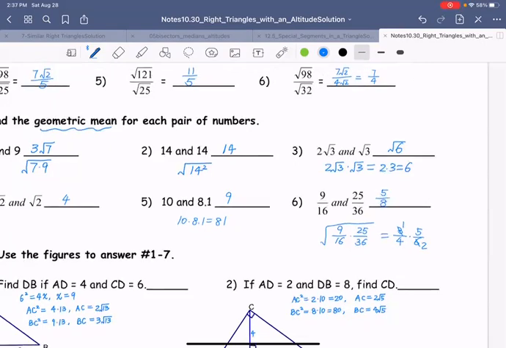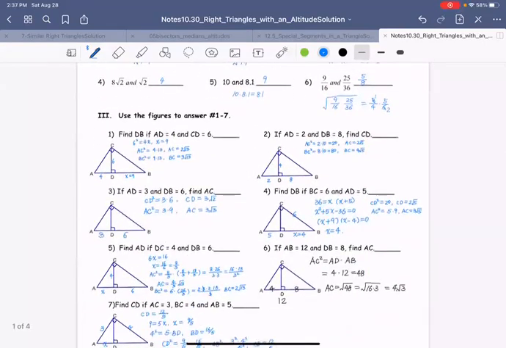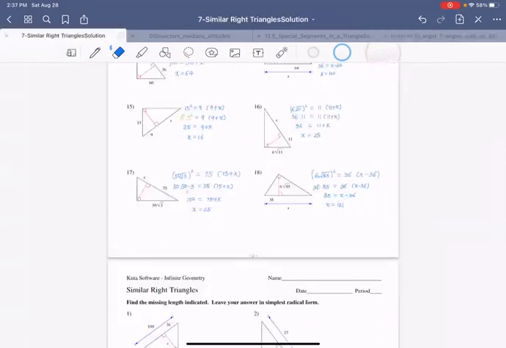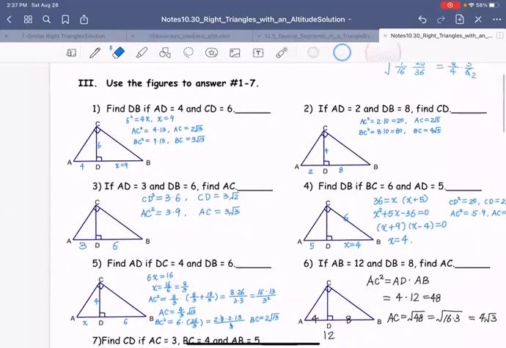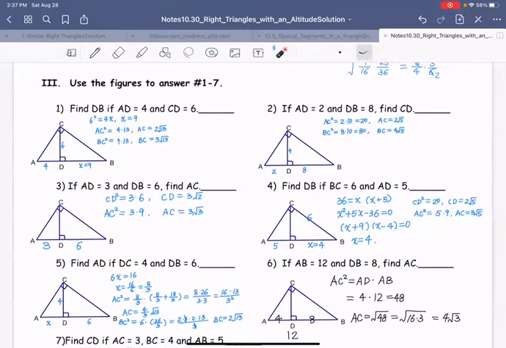Okay. For the other questions, it's similar to what we did for this practice, which uses everything we have learned, the important formulas. Look, given AD and CD, they ask you for DB. This guy's square is the product of these two, so you can find DB.